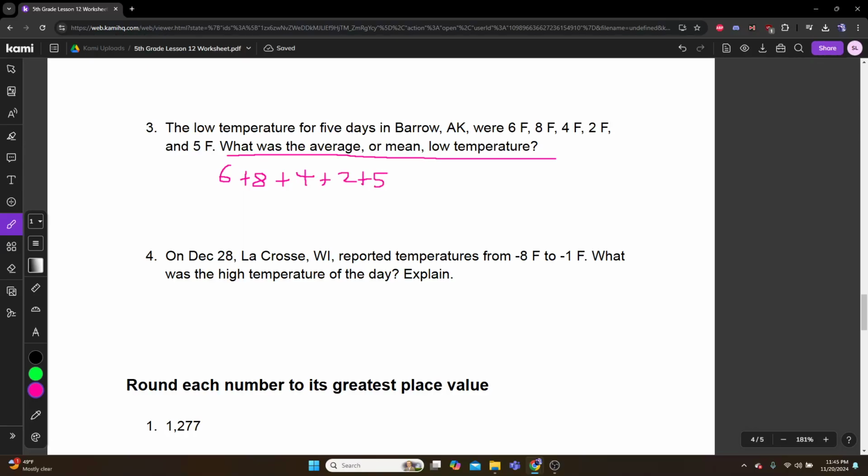And then we'll count how many numbers there are in total. So we're counting 1, 2, 3, 4, 5. Since we have 5 numbers, we would add this up and then divide everything by 5. So 6 plus 8 is 14, 14 plus 4 is 18, 18 plus 2 is 20, and 20 plus 5 is 25. So this would ultimately become 25 divided by 5, which is equal to 5. And this would be our average.